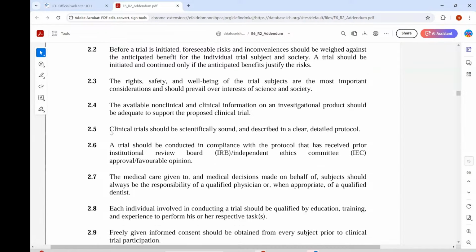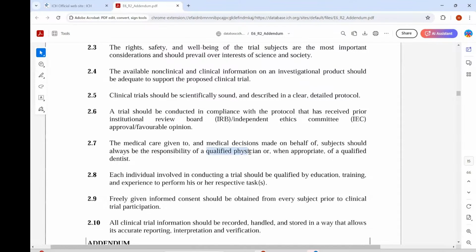And the fifth one is talking about the protocol. The protocol should be scientifically sound. And 6 is saying that this protocol has to be approved before using in a clinical trial. The physician should be qualified, and the decision about the subject has to be made by the physician.